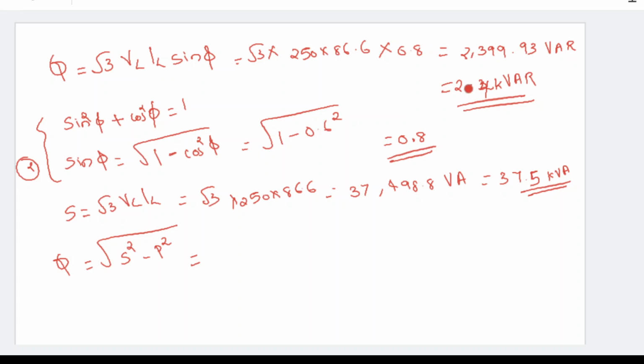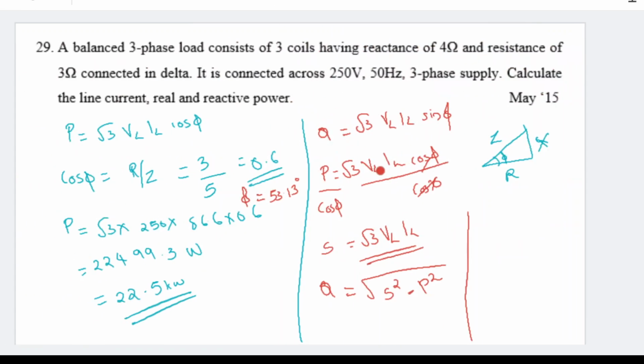Let me check the value once more. You will get the same answer, 2,999.93 VAR, or you can write it as 2.9 kVAR. So you have found out the active power as well as the reactive power as well as the line current.